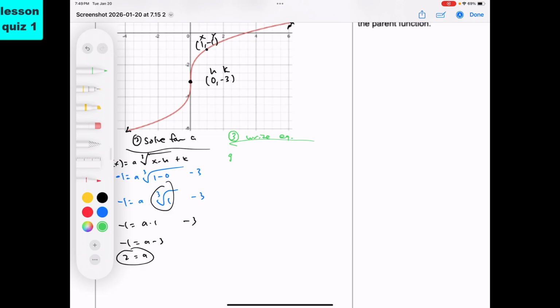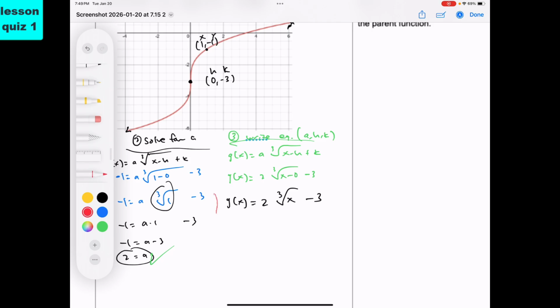So same, and then we're just going to use our a, h, and k. So a value is 2, x minus your h value is 0, and then k value is minus 3. So then let's clean that up. And that's our answer.